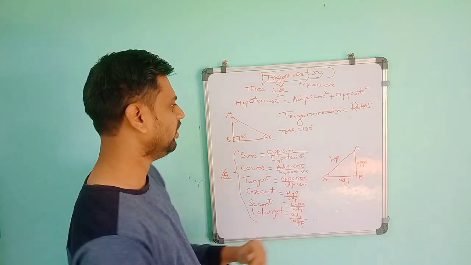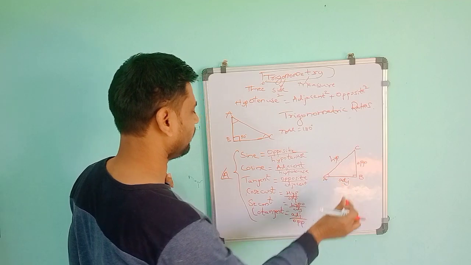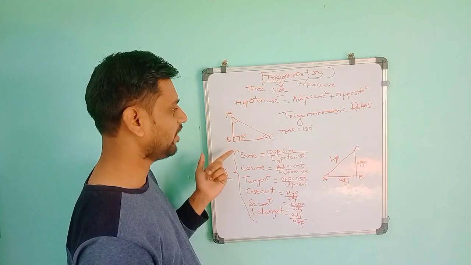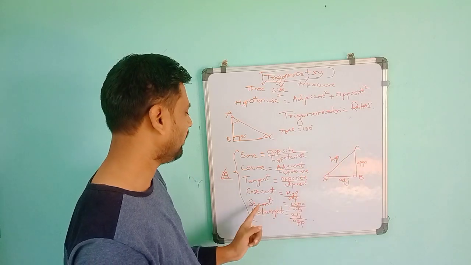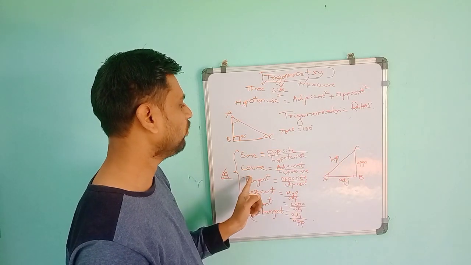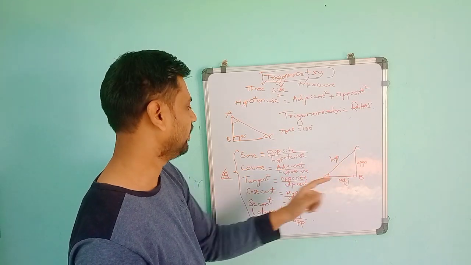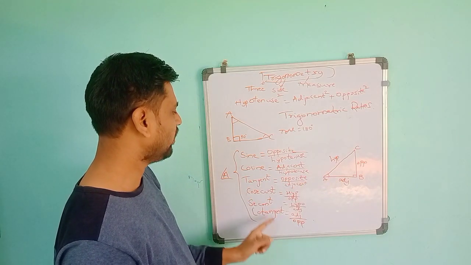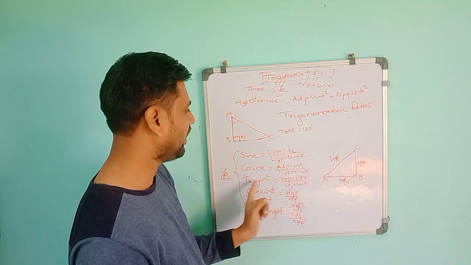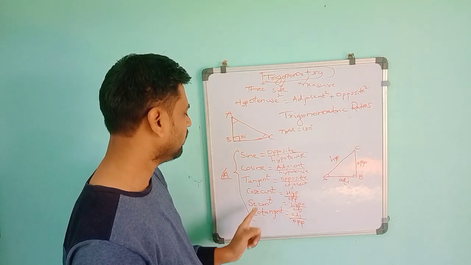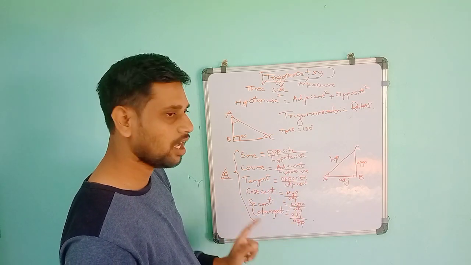Similarly, for tangent it is opposite by adjacent. Then cosecant is the reverse of sine, which means hypotenuse by opposite. Secant is the reverse of cosine, so it will be hypotenuse by adjacent. Lastly, cotangent is the reverse of tangent. Tan A is opposite by adjacent, so cot A will be adjacent by opposite.